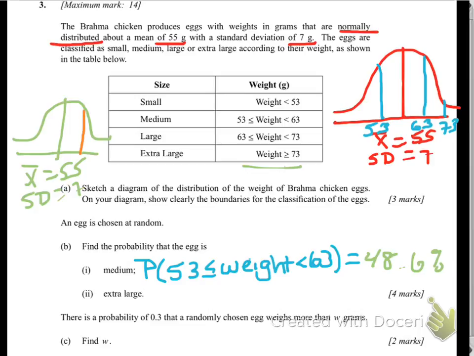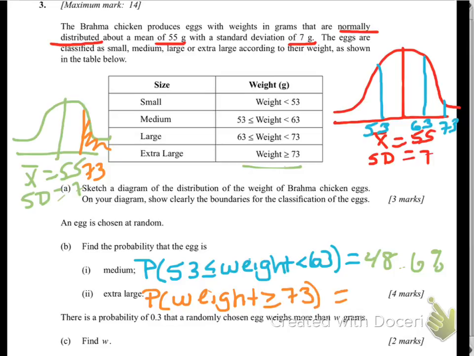So 73 is greater than 55, and right, it's extra large, correct? Okay, and then I'm going to shade this way. Okay, so now I'm going to write my inequality statement. So the probability that my weight is greater than or equal to 73.